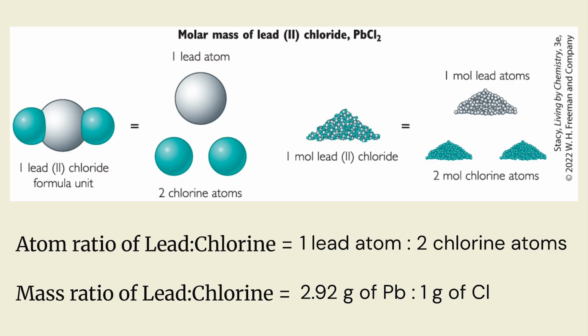The mass ratio of lead to chlorine: we take the 207.2, divide it by 2 times 35.45, and we have about 2.92 grams to 1 gram. And that's the mass ratio. The atom ratio, meaning the number of atoms in a formula unit, is 1 lead atom for every 2 chlorine atoms, or 2 chlorine atoms for every 1 lead atom.